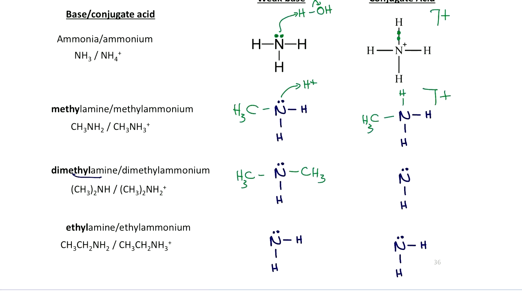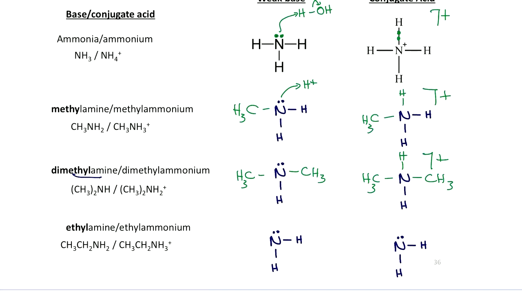Its conjugate acid is the same thing. All right, it's the same exact thing, but we replace that lone pair with a hydrogen proton instead. All right, that's what that looks like. And then finally, just for completeness, these aren't the only weak bases. I just want you to locate the trend, all right?